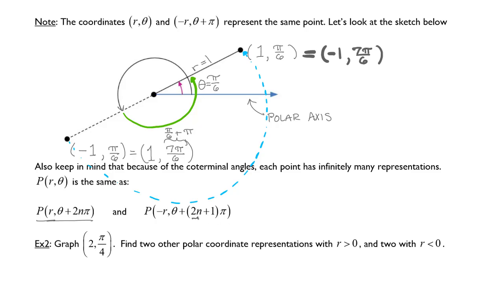So if I think of n as being an integer, then 2n plus 1 will always give me an odd number of rotations about the polar axis. And if it's times pi, it means we'll have 1, 3, 5, 7, etc. rotations. So the angle plus an odd number of rotations will give us equivalence.